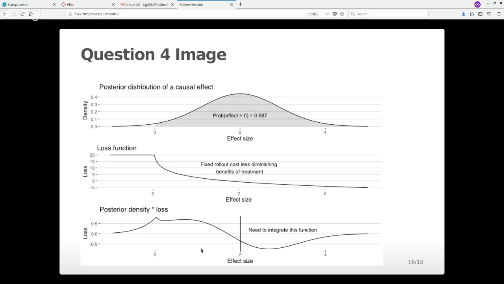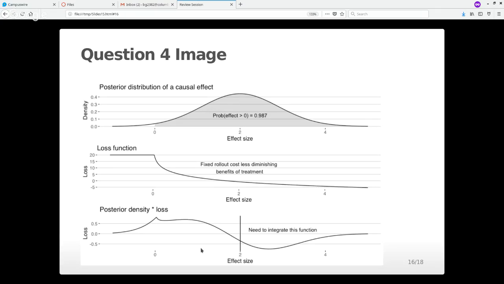This is getting the expected loss and seeing whether that is negative or positive. To get the expected loss, we need to do what it says on the plot: integrate this function over all real numbers. It may be a little hard to tell on this screen, but if you look closely, it's pretty clear that the amount of positive area over here is greater than the amount of negative area over there.